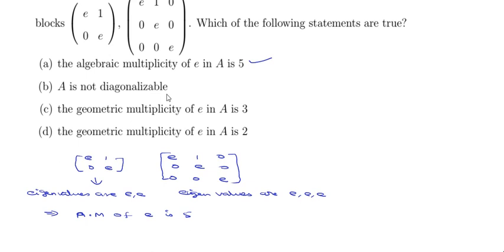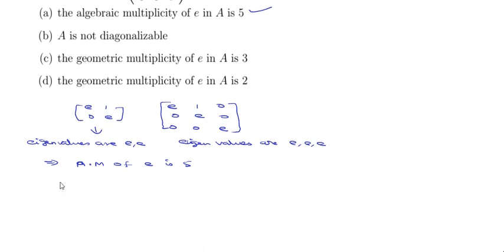Next we will see whether A is diagonalizable or not. To find this, we need to check whether A is diagonalizable in each block. For the first block we will check. Diagonalizable implies the algebraic multiplicity of lambda equals the geometric multiplicity of lambda, and this should hold for all lambda.